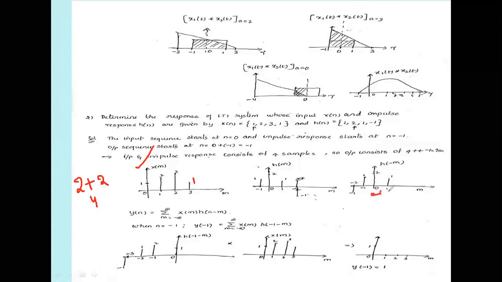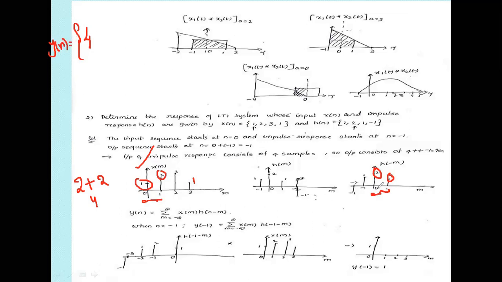Because these two functions only overlap here, you can multiply the magnitudes. 1 into 2 here, 1 into 2, here the 1, and 1 into 2, here the 2, here the 1. 2 into 2. So 2 plus 2 is 4. Keep that as a 4. Okay, my dear students, that is for y of n equal to 0. One value you got, the 4.